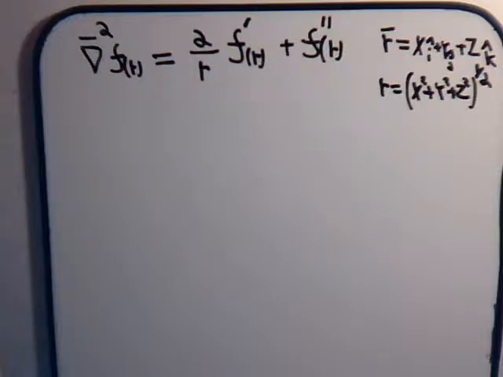Okay, this is our last video concerning identities when the del operator is operating either on a position vector or one of the scalar functions.